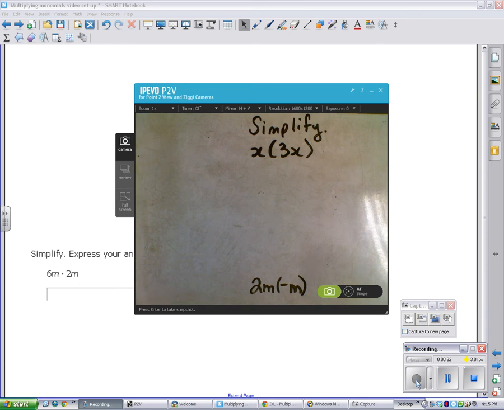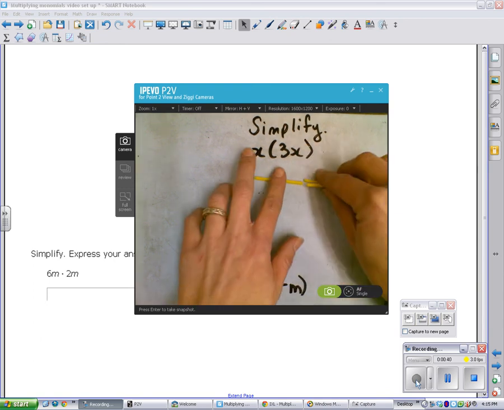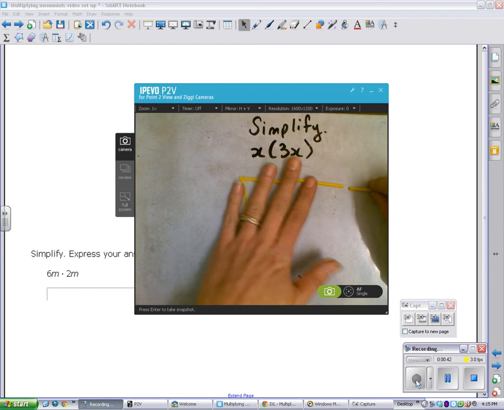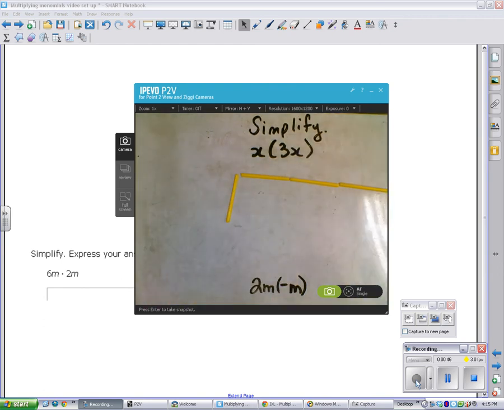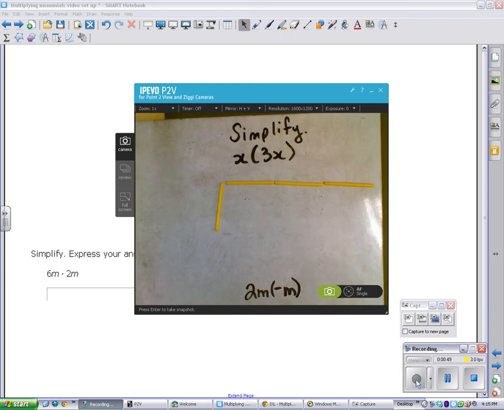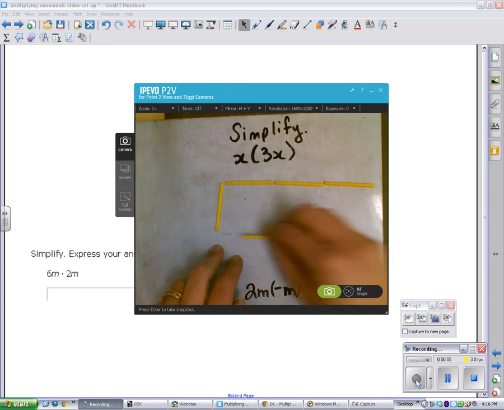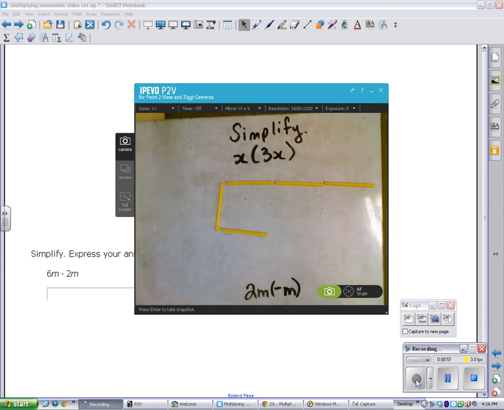Okay, so I am going to multiply this length x by the length of 3x. So I actually need 3 x's. So if I use this outline, I can form a rectangle. So if I use a length of x and a width of 3x, I can form a rectangle which looks like this, right?